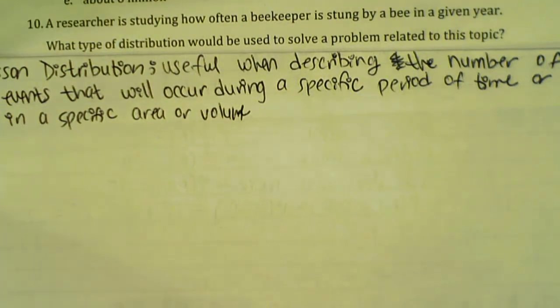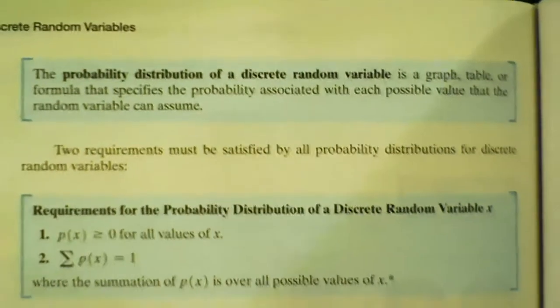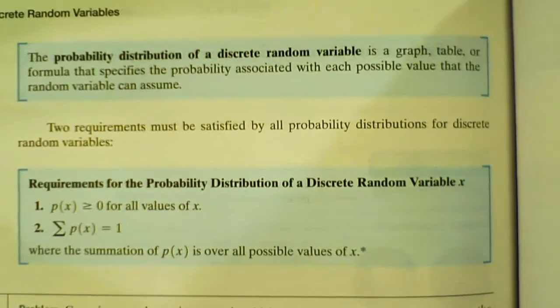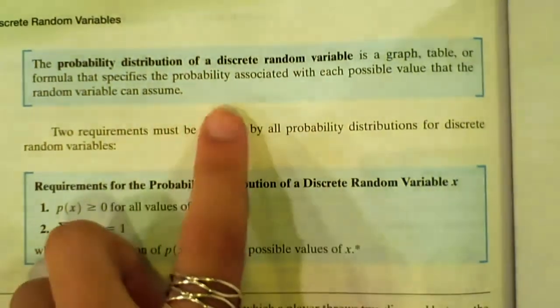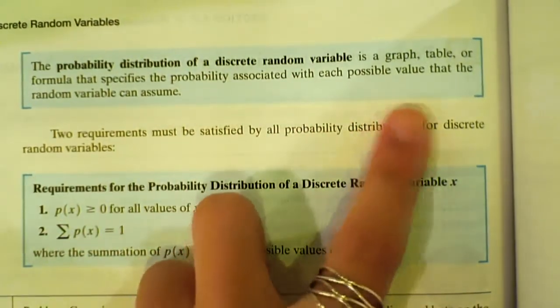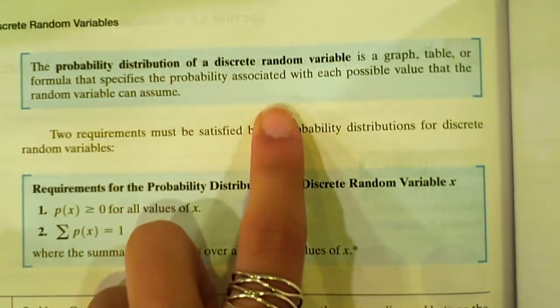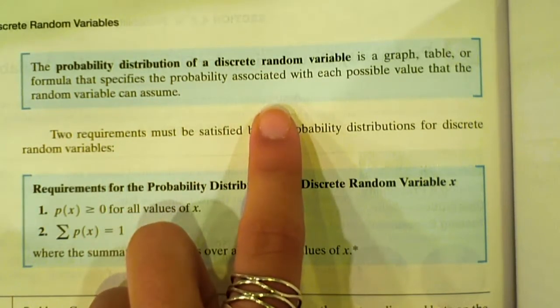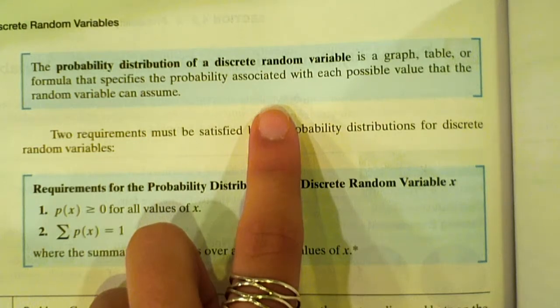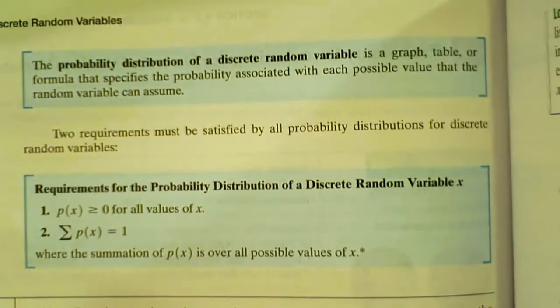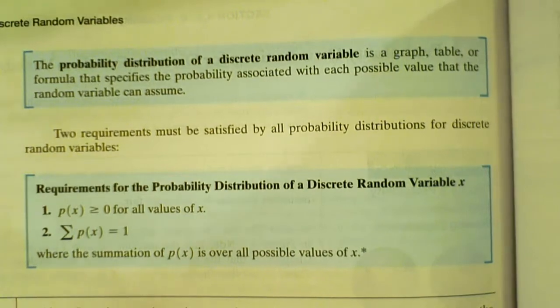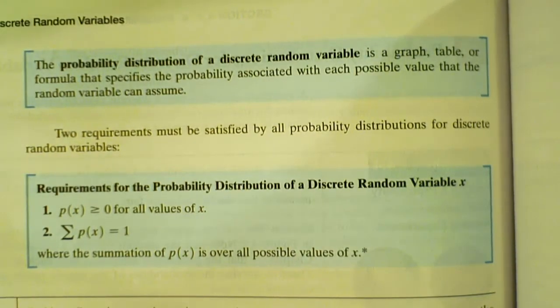Okay. So here it talks about the probability distribution of a discrete random variable. Or, hold on, I don't think this is it. It specifies this probability distribution with each possible value that the random variable can assume. What is it asking? What distribution?